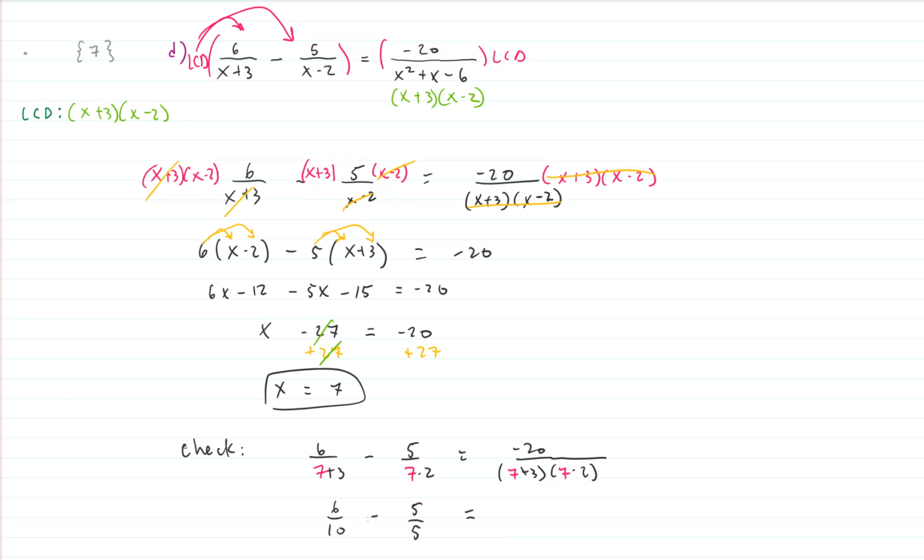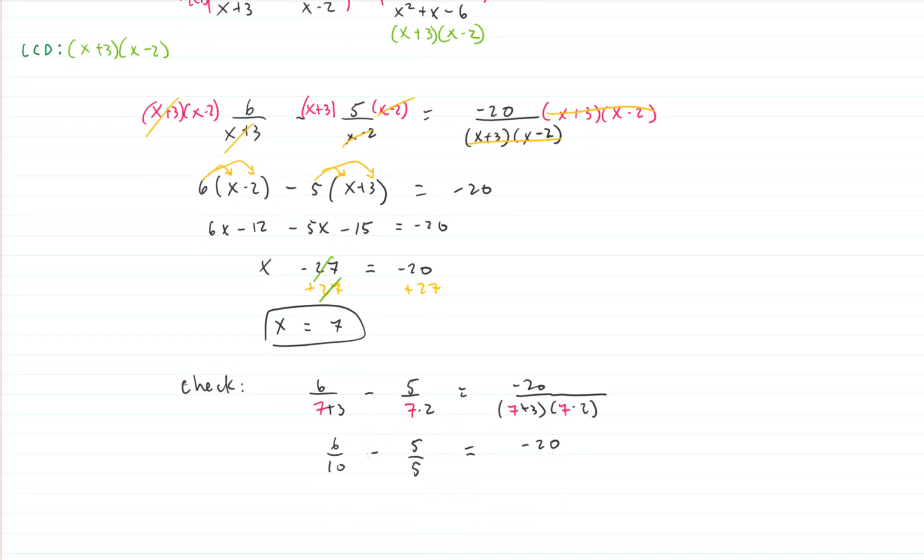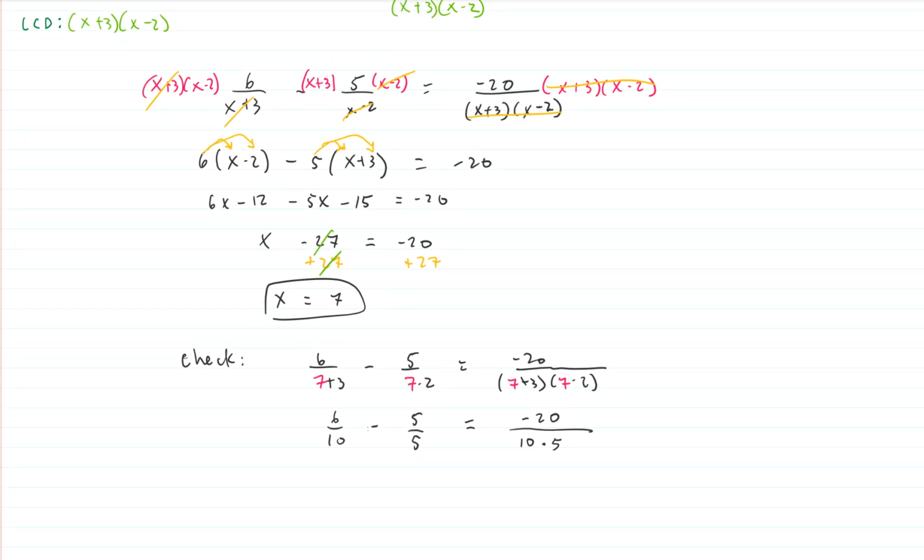Equals negative 20 over what? 10 times 5. So that's 50. So we need to make everything a 50 if we're going to compare these two.